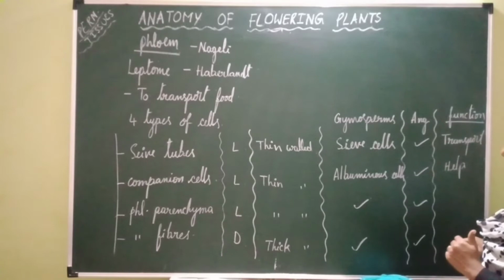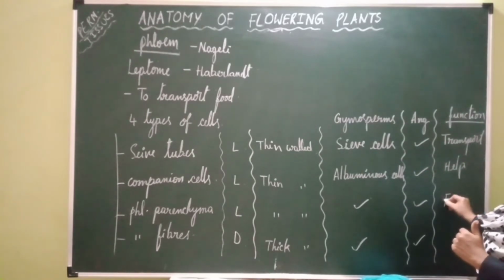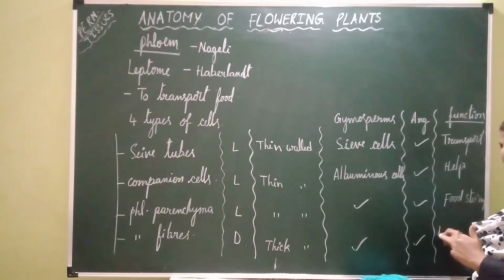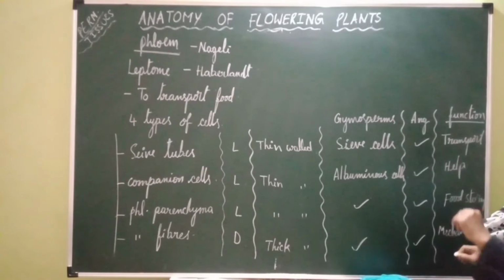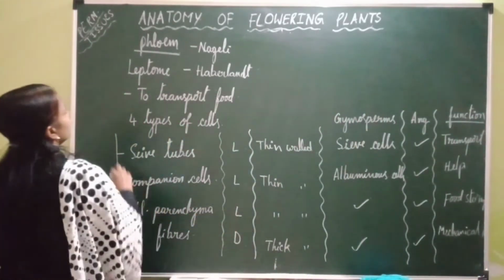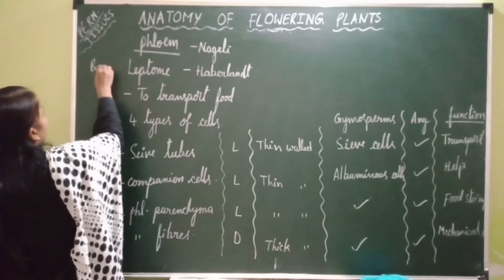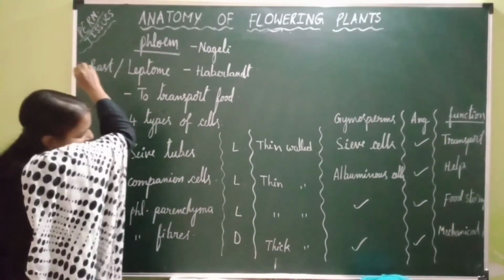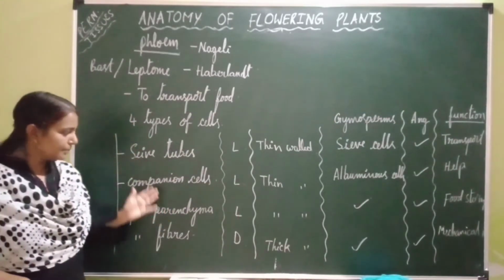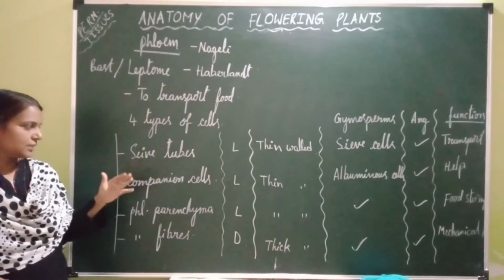Next is phloem parenchyma, which is involved in food storage. Phloem fibers are involved in providing mechanical support, mechanical strength. This phloem is also called bast. So phloem can be called leptome and it can also be called bast. Now let's study all these cells of phloem in detail one by one.